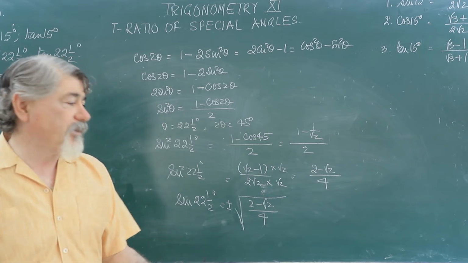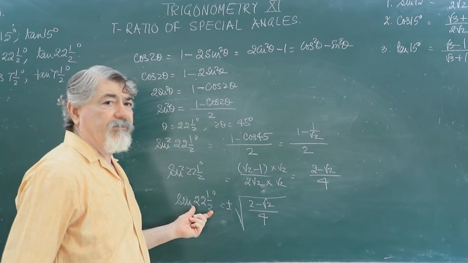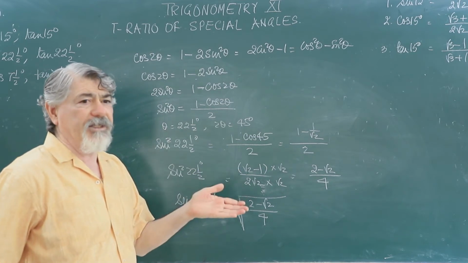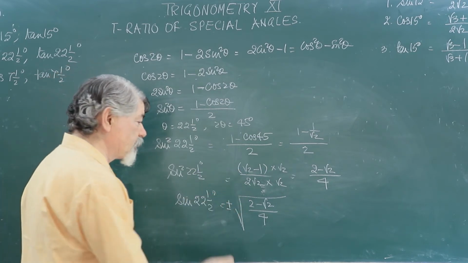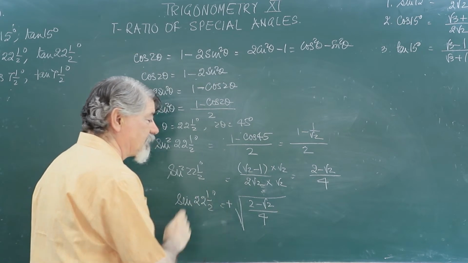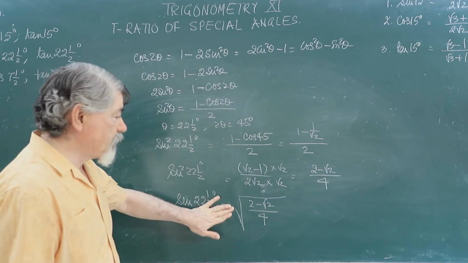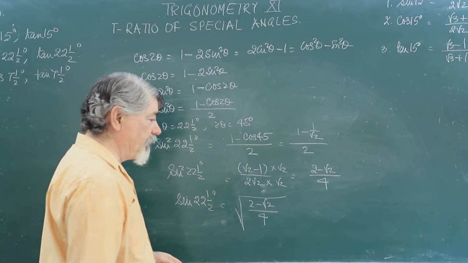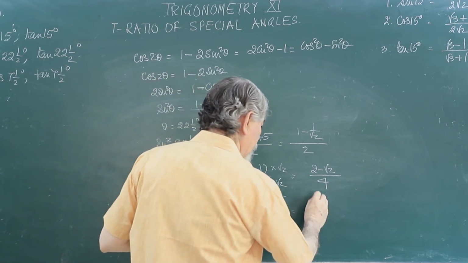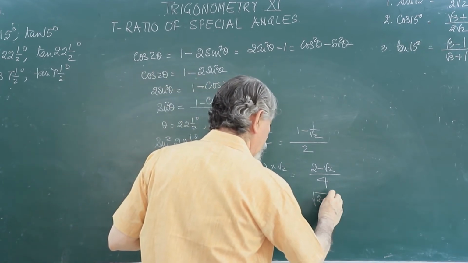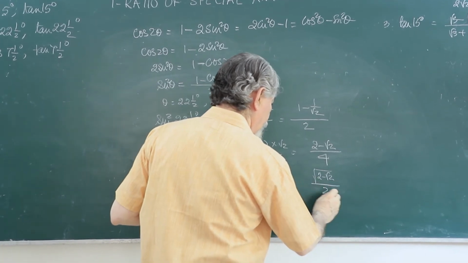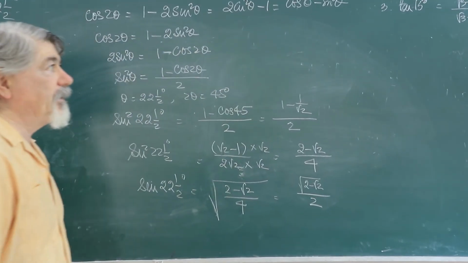Why are we taking the plus sign? Because 22.5 is an acute angle and it will be in the first quadrant. And in the first quadrant all ratios are positive, so we'll take only the positive sign. So it will come out to be root of 2 minus root 2 upon 2, because the square root of 4 will be 2.